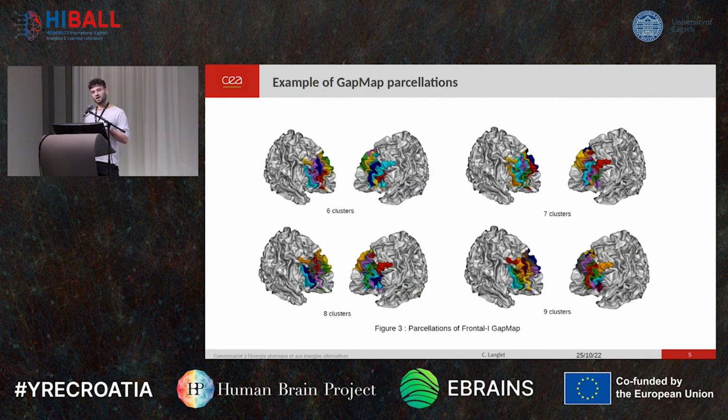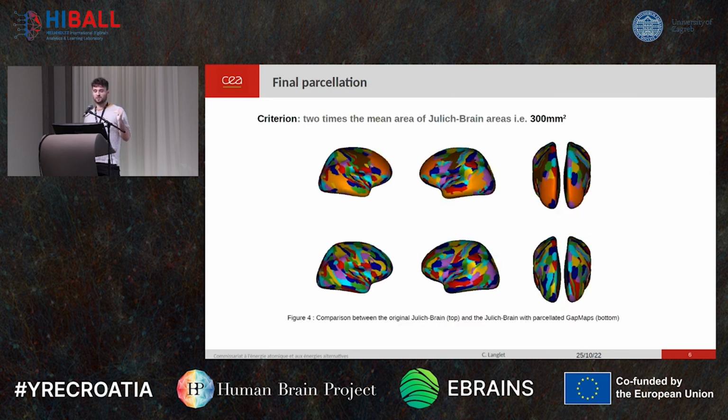So these are the kind of parcellations that we obtained, for different numbers of clusters: 6, 7, 8, and 9. There are a lot of parcellations, as I said, and we need to select one according to a criterion. For this study, we use a criterion of two times the mean area of the Julich-Brain areas, so 300 square millimeters.